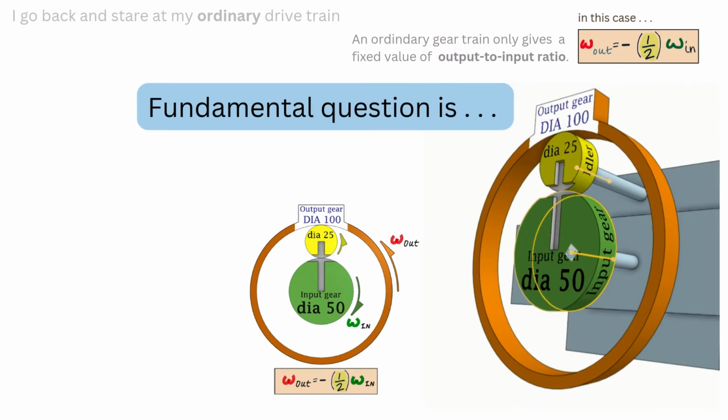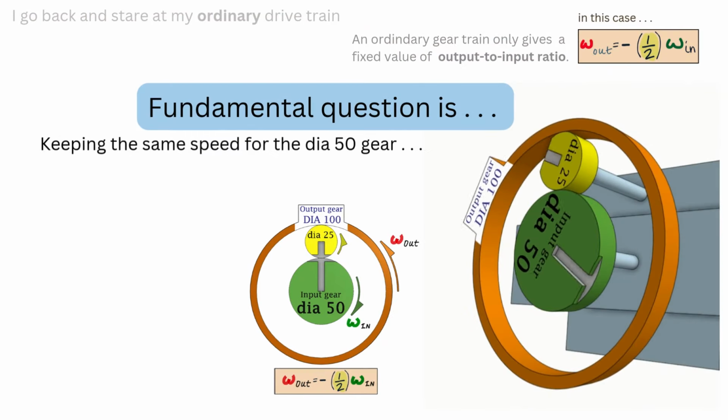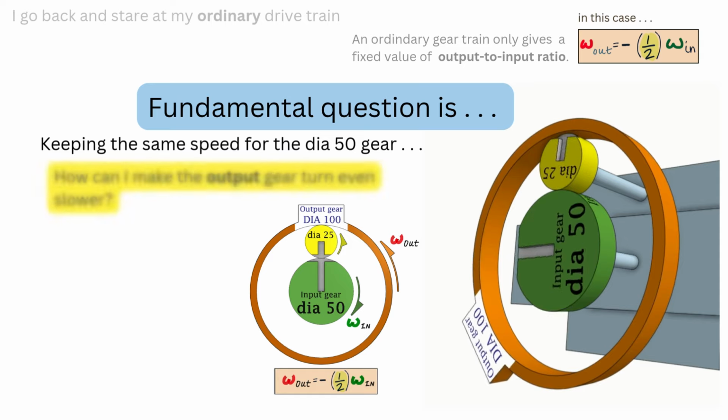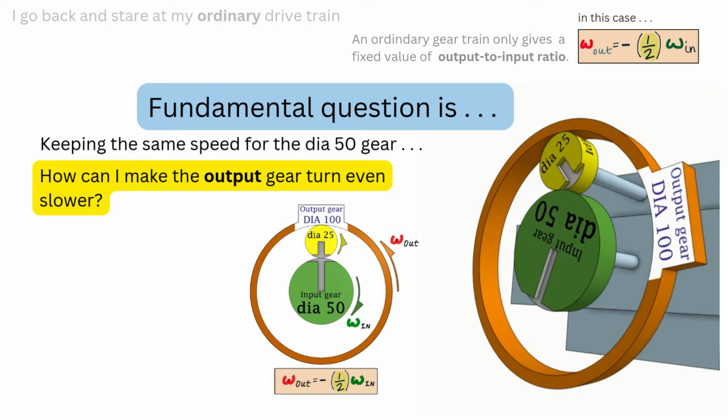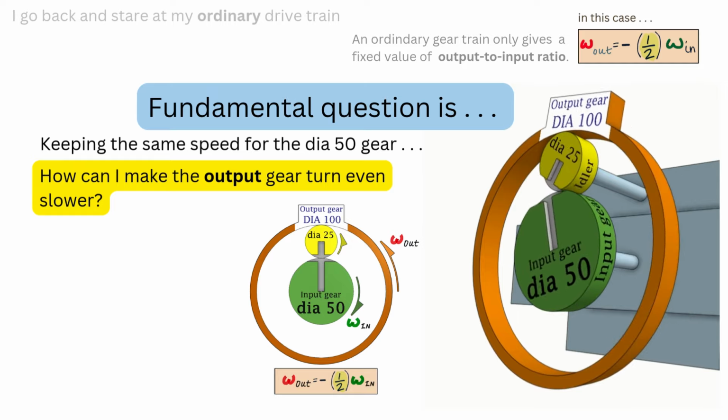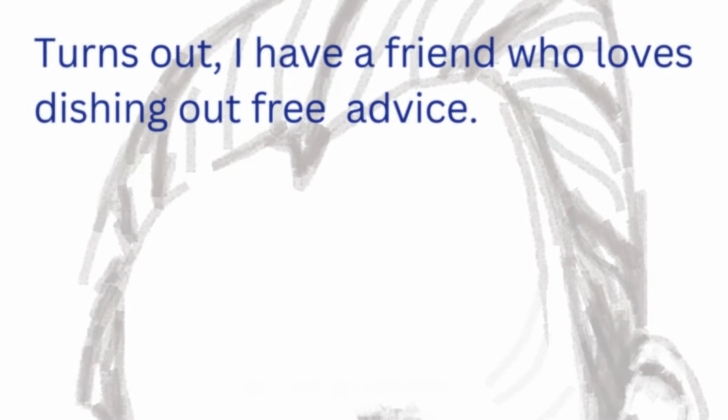So this is the fundamental question we were talking about. So we have to keep all three gears the same. The dia 50 input gear, idler gear, dia 25, and the output gear, dia 100.